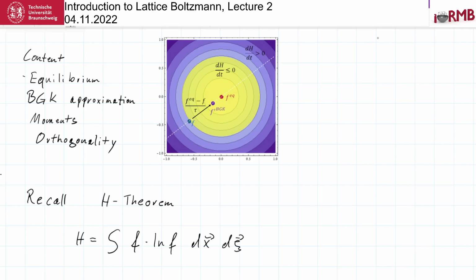So this is over the entire space and over all the velocities. And for the purpose of some simplifications, we assume that f is non-dimensional, or that we non-dimensionalized it.